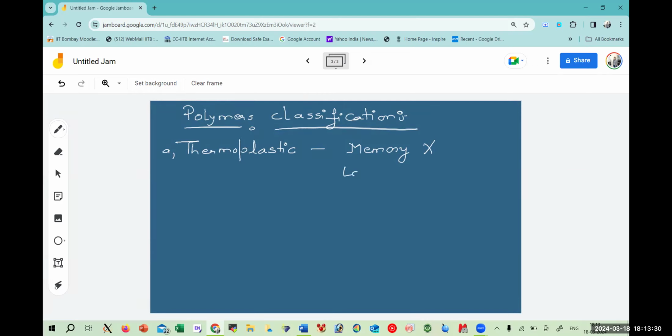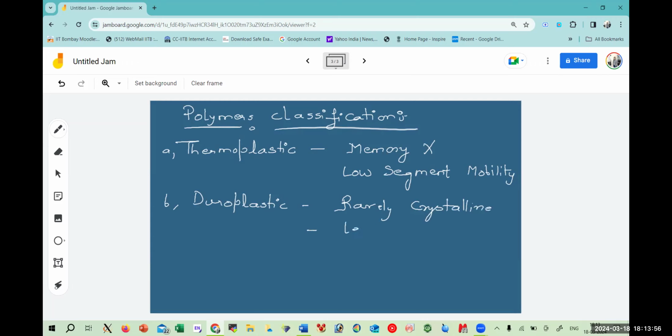They have low segment mobility. Just a recap. Second, we saw the duroplastic materials. They also do not have much memory, they are rarely crystalline, and they have the least segment mobility.